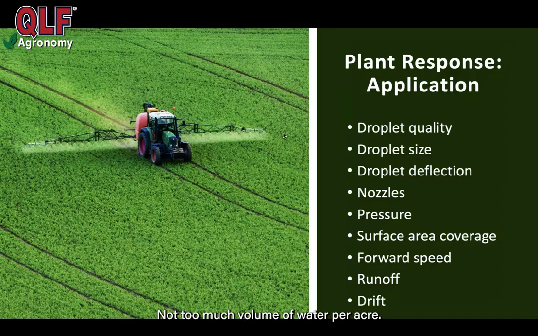What's our speed? Not too much volume of water per acre, so we're not dripping and running off, and of course not too fine a droplet size, so it just drifts off in the air. So these are some of the challenges and considerations that are really important in the application of that foliar spray. And that's where we also have conditioners that can improve the droplet quality.